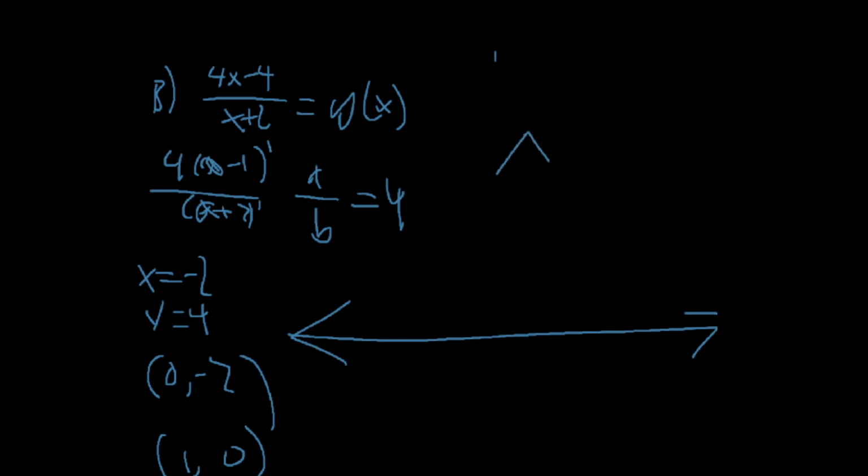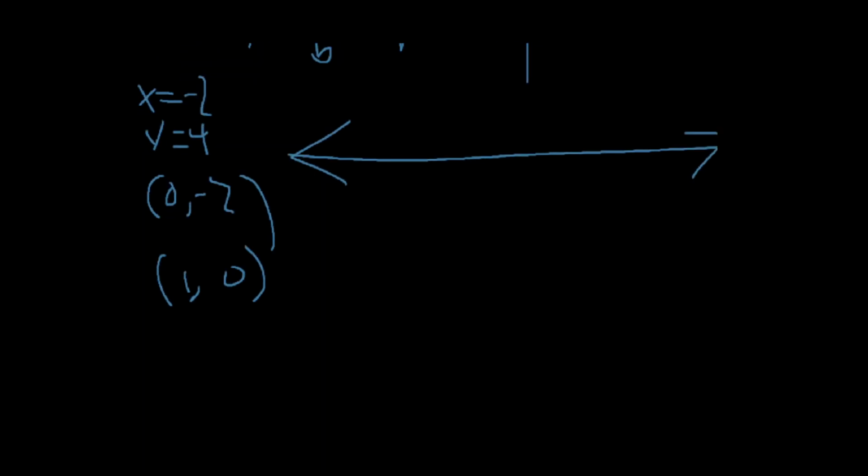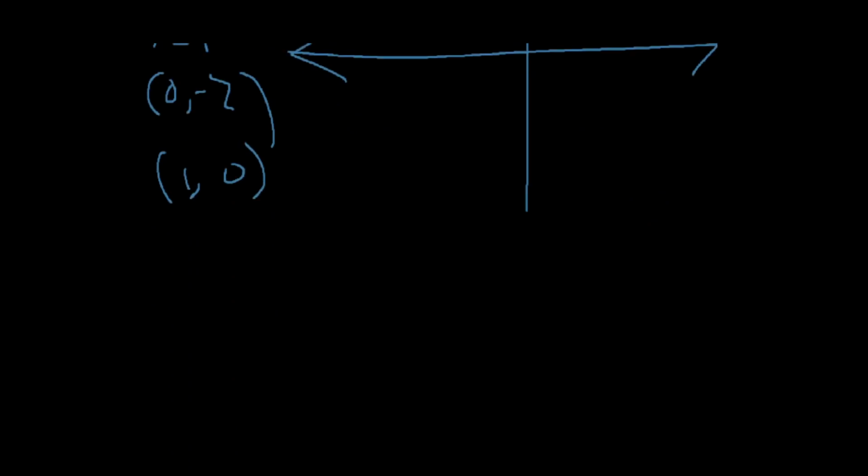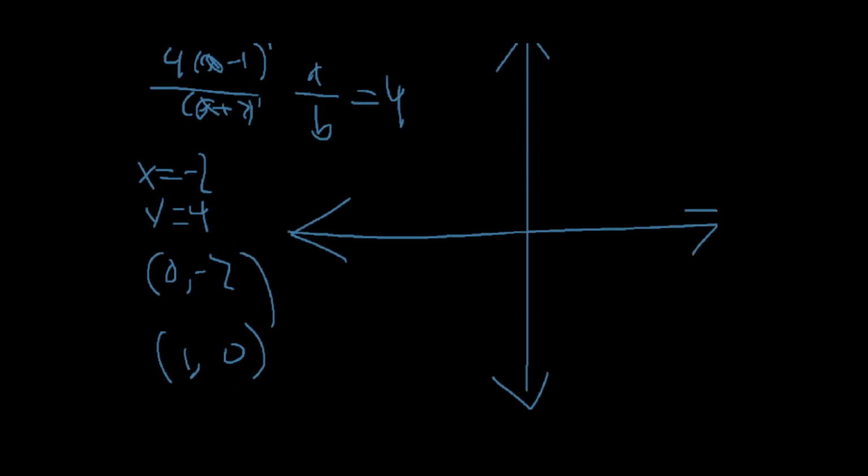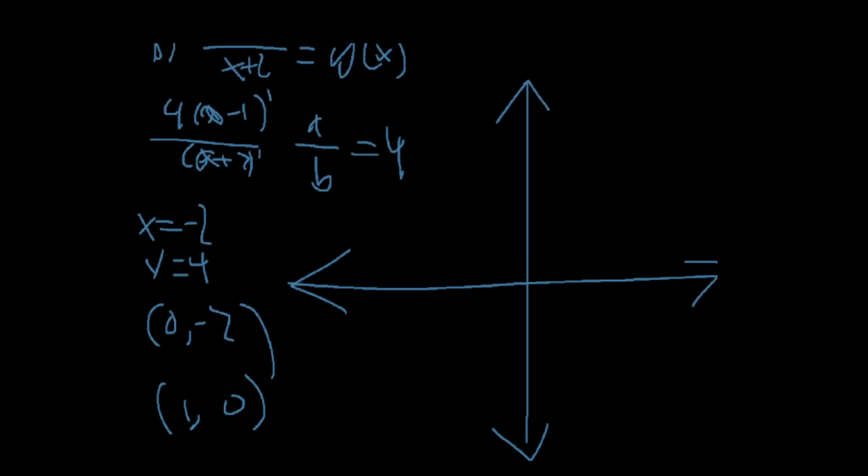Okay. It's like the straightest line I've ever seen. And then, so let's draw asymptotes at negative 2.